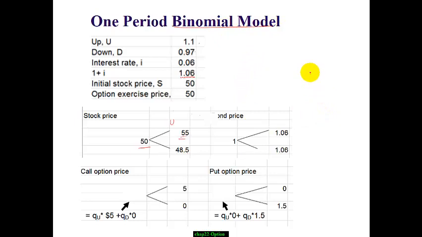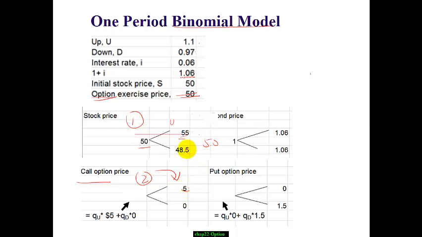Now, how do we get the call price or put price based on the binomial model? 2 things. After we figure out the stock prices, this is stage 1. Stage 2, we're going to figure out the payoff for the options. So stock is 50. We compare 50 with the stock price next period. For the call option, if the stock is $55, which is greater than the strike, the call option is in the money and the payoff is $5.